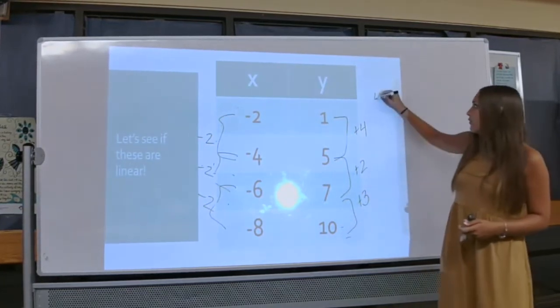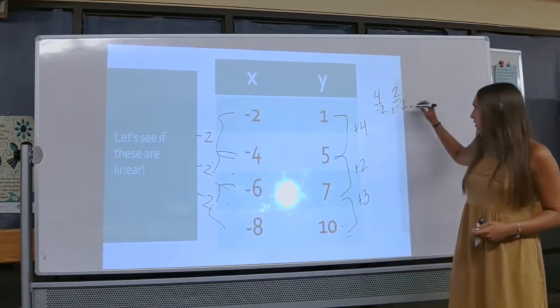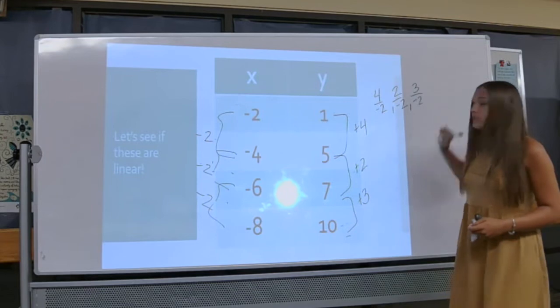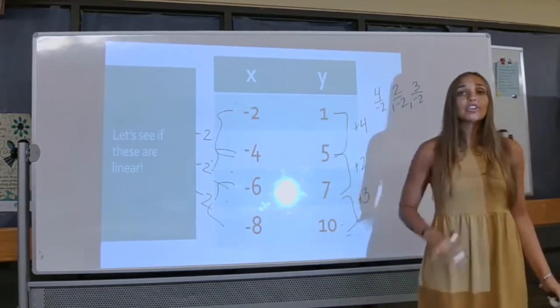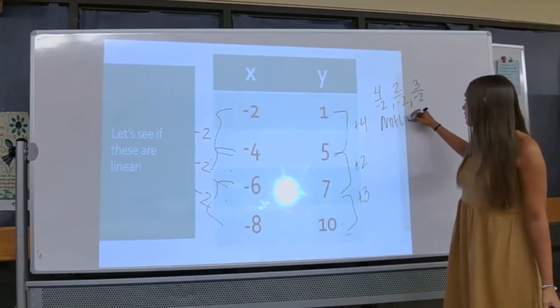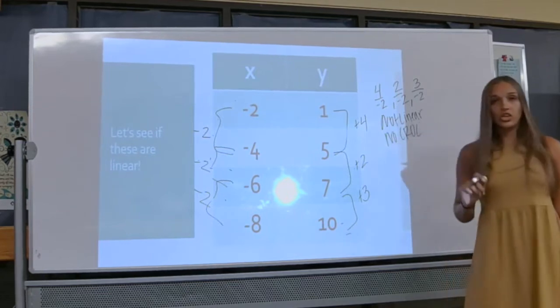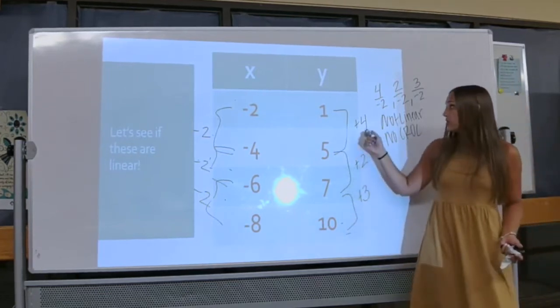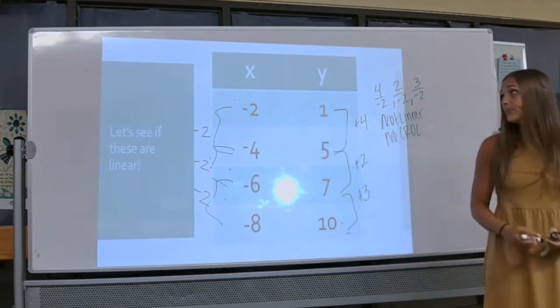So if we look, we have 4 divided by negative 2, 2 divided by negative 2, 3 divided by negative 2. And as the mathematicians that we are, we know those 3 rates are not equal. So these are not linear because we have no CROC, no constant rate of change there. All 3 ratios, or y's over our x's, are different, so it is not linear.